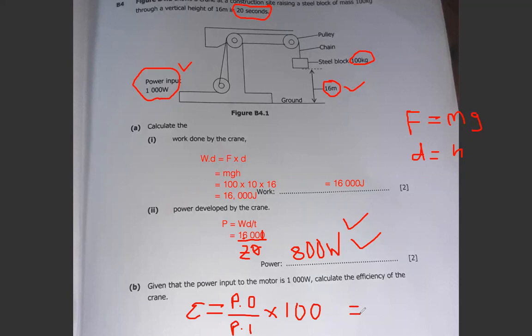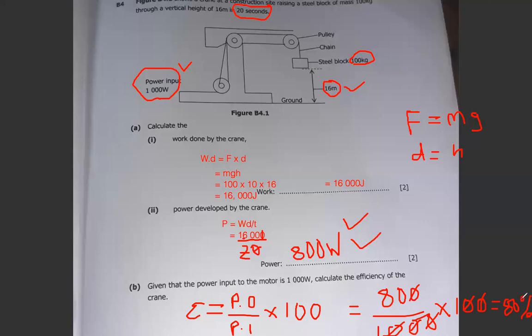That's what we're doing here. So what we have as power output is 800, and what we have as power input is 1000, multiplied by 100%. So this 0 goes with that 0, this 0 goes with that 0, this 0 omits that 0. As a result, the efficiency of this machine is 80%.